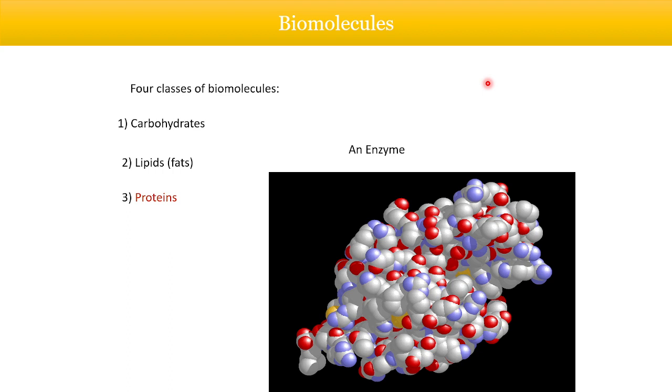Next, the most important biomolecules, which we have been discussing for a long time, are proteins. Proteins are a combination of amino acids that are responsible for the structural and functional aspects of our organism. Among these proteins, you have a very interesting category, which is enzymes.